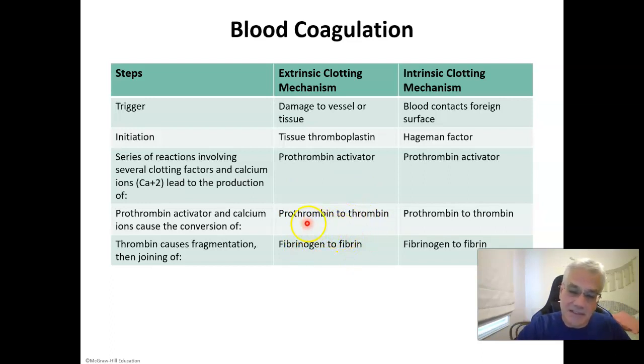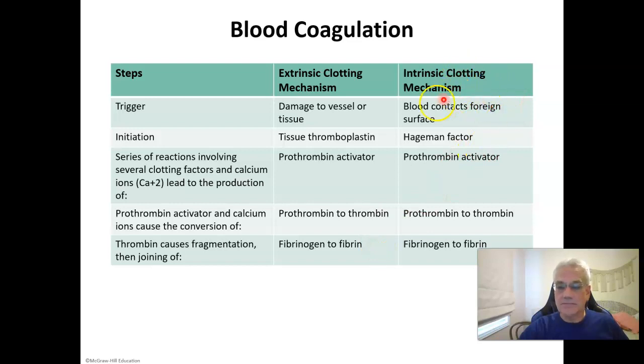Now, you might like to think that you wish this were called thrombinogen. I'm sorry, I don't know who named these things, but they didn't call it thrombinogen. They called it prothrombin. Thrombin converts fibrinogen to fibrin. Fibrin is the stuff that bonds together, that gets sticky, that forms the mesh, the web.